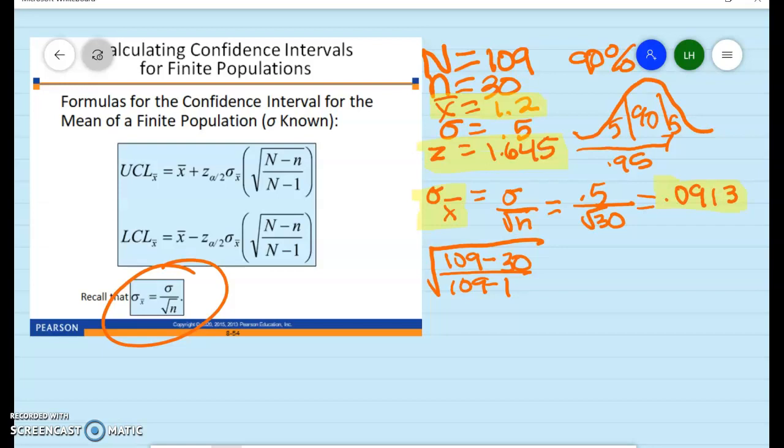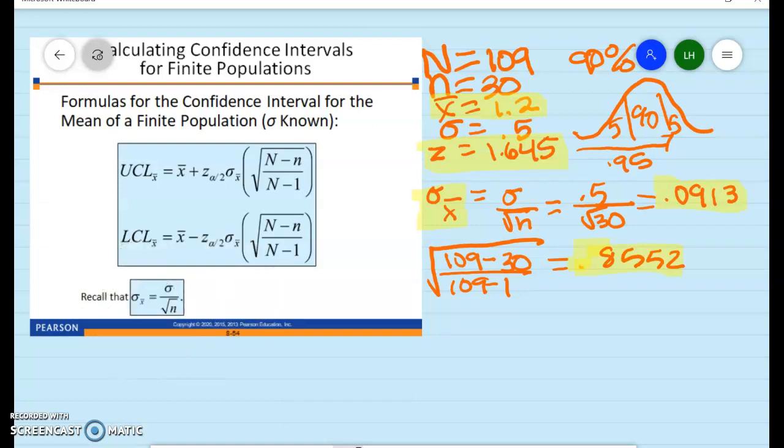And we're going to take the square root of that and get 0.8552. So now we have the 4 pieces of information that we need to work this.